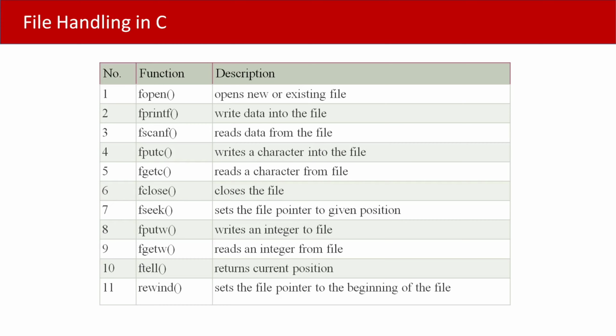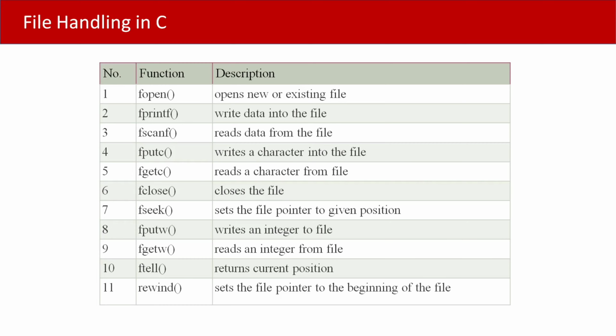Let's say you have a few lines of sentences available in the file. Now you want to go to line number 10, then you can use fseek. You can use fseek to move the file pointer within the file, right?